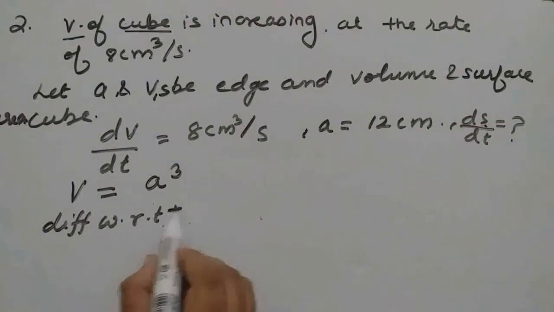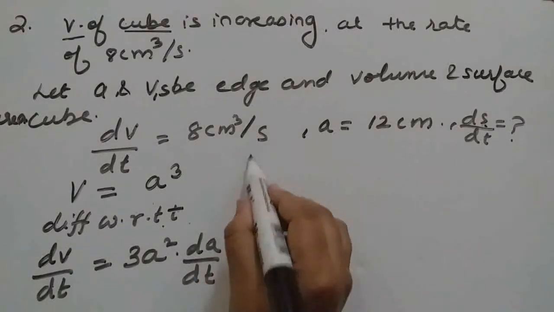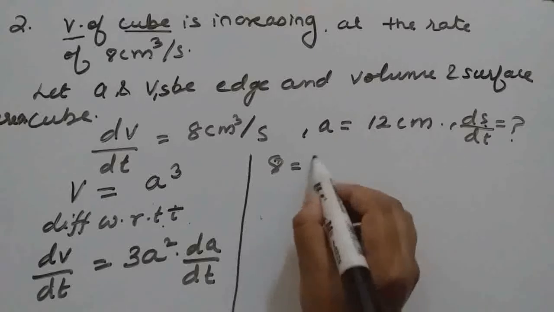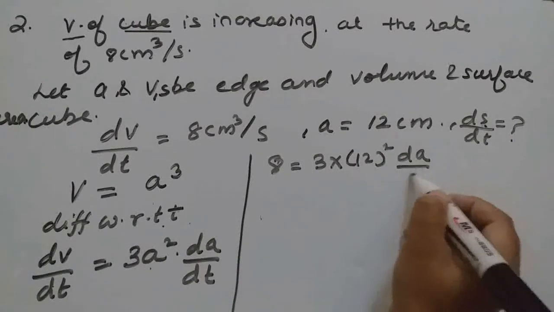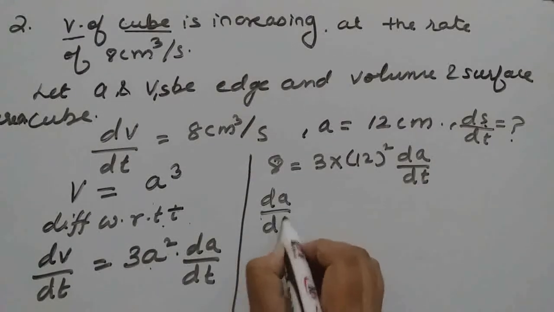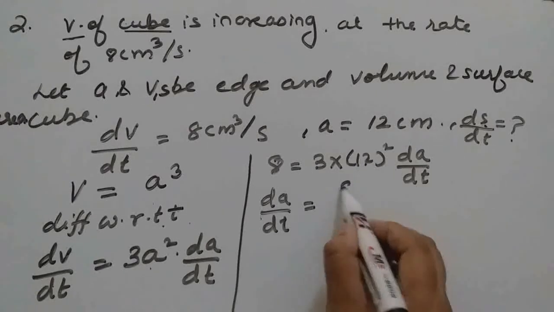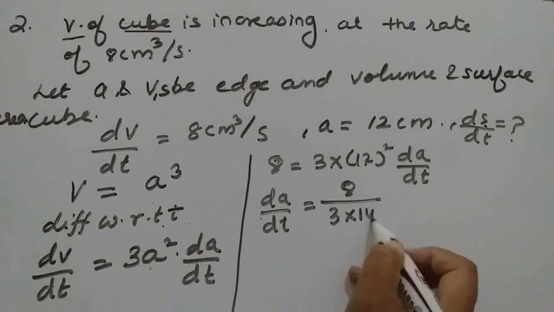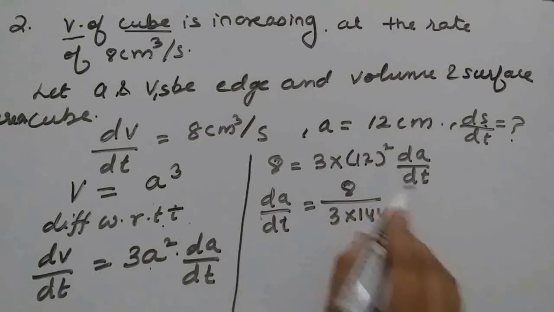So dV by dt, by the power rule, is 3a square times dA by dt. The dV by dt value is given as 8. 3 into a square is 3 into 12 square. dA by dt is not given, so we will write it as it is. So the dA by dt value is 8 by 3 into 144, since 12 square is 144. So we'll keep this as it is.